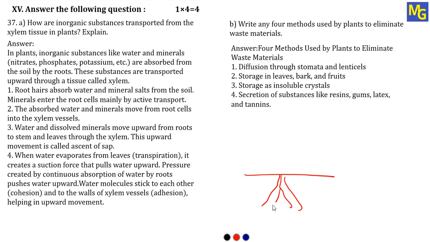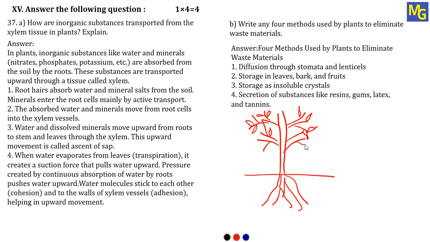So see here, these are the roots, imagine, and the stem or the shoot will be present above the soil like this, and this shoot will be divided into many branches like this, and these branches are then subdivided into small branches, and those all will be having the leaves. These leaves help in the photosynthesis process to prepare the food, and also we can see the flower formation and the fruit formation.